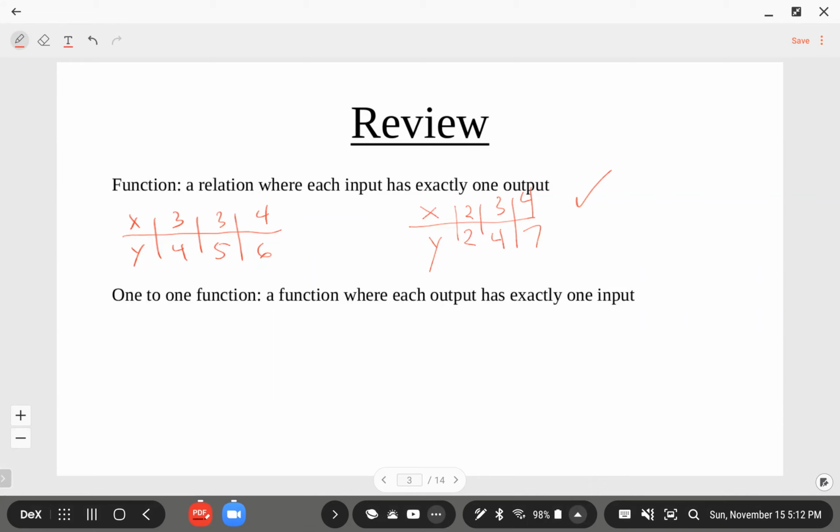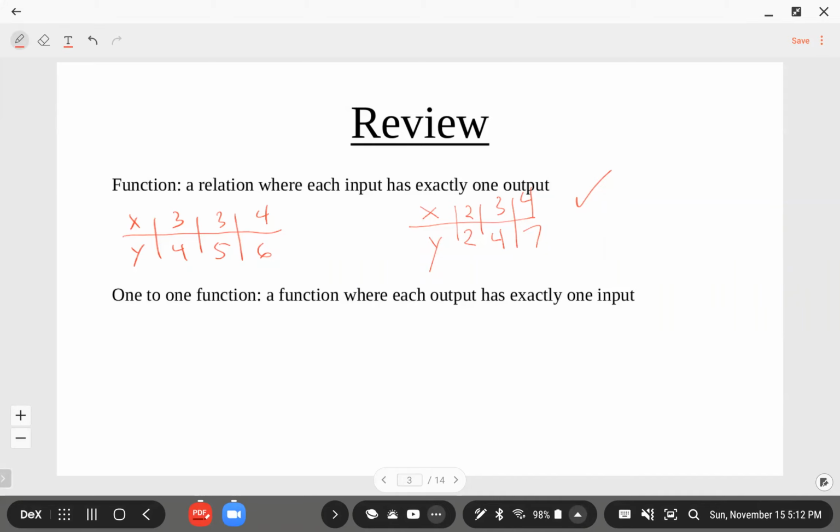So, one-to-one functions. One-to-one functions are functions where each output has exactly one input. It has to be a function first, where each input has exactly one output, but then the output has to have exactly one input.